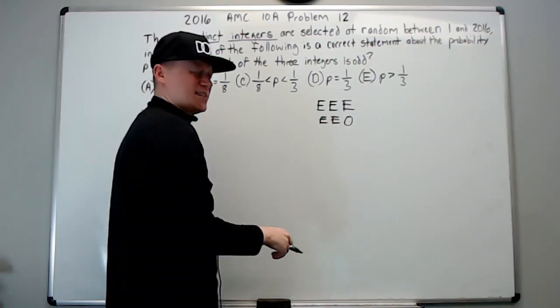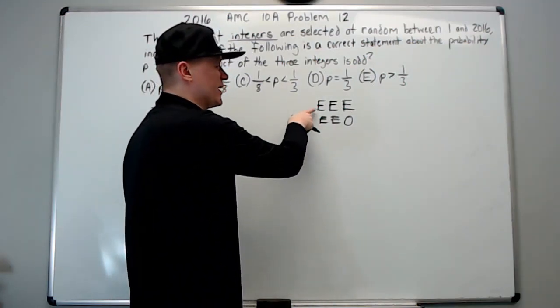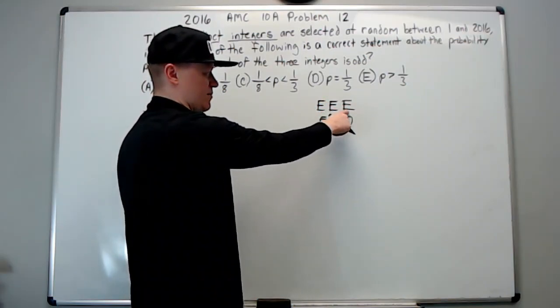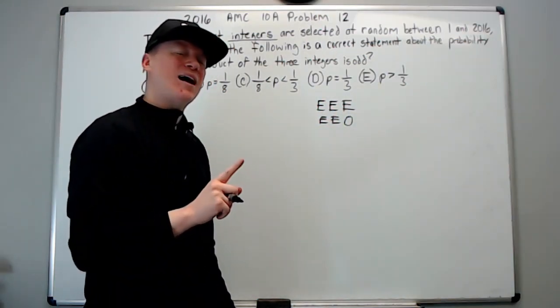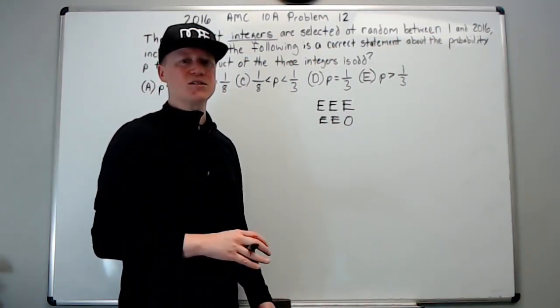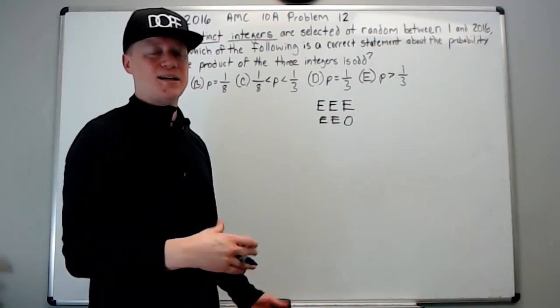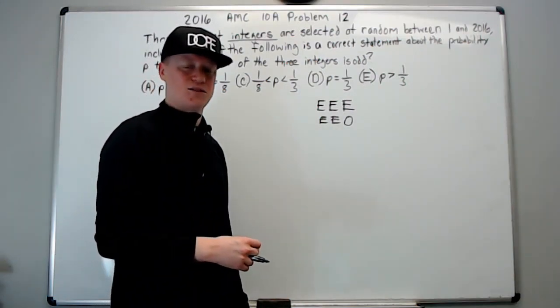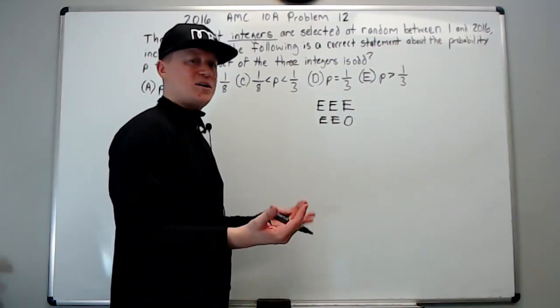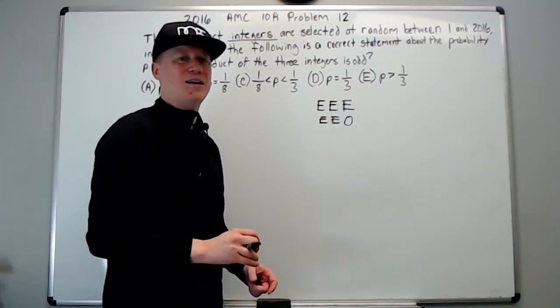Now you could keep listing, but maybe as you're writing, before we continue, analyze. This is going to be an even result. Even times even times even. In fact, any time there's an even in one of the 3 numbers, you're going to get an even result because an even times an odd is even also. Why is that? Because every even has a factor of 2, and when you're multiplying, that factor of 2 will not go away.